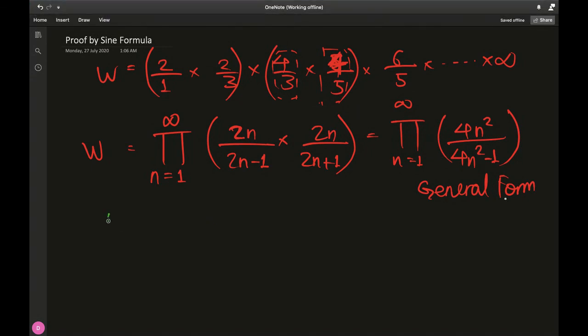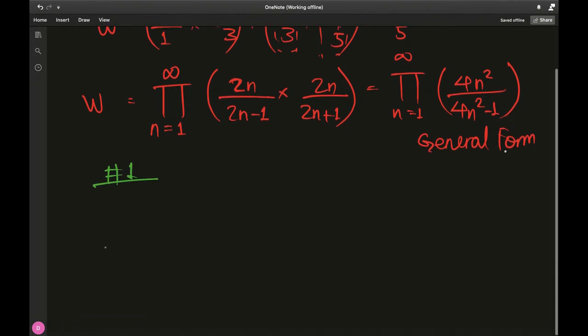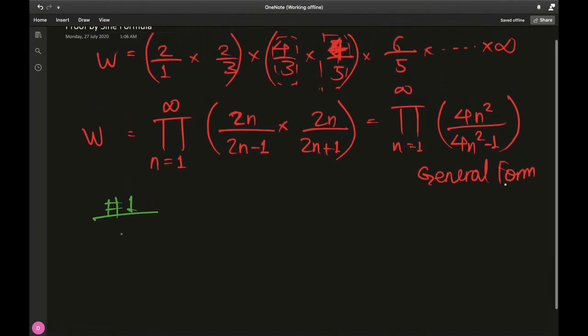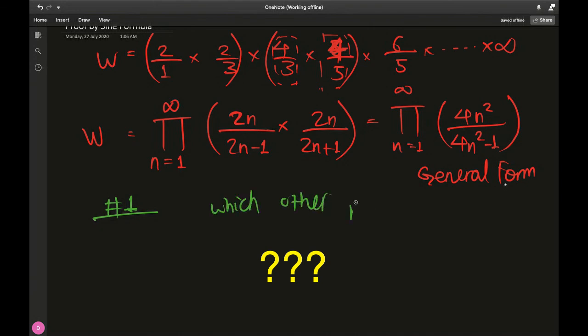Okay, so the first proof we have, number one, the idea for using such a thing can come by practice and being fluent with some formulae of some functions. Or if you want to think about it that way, what is the other product that I proved recently, before dealing with the Wallis product today?